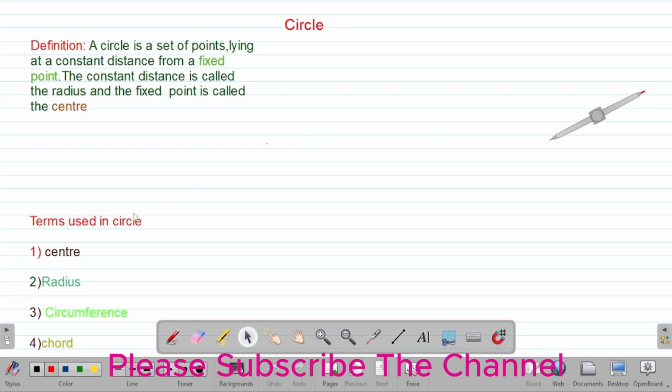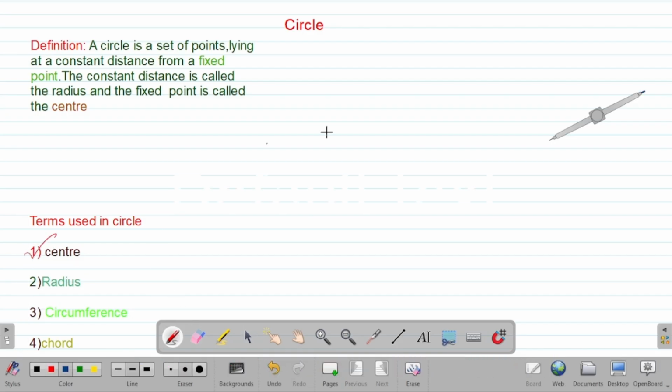Now, let's talk about center. By definition, the fixed point is the center of the circle.